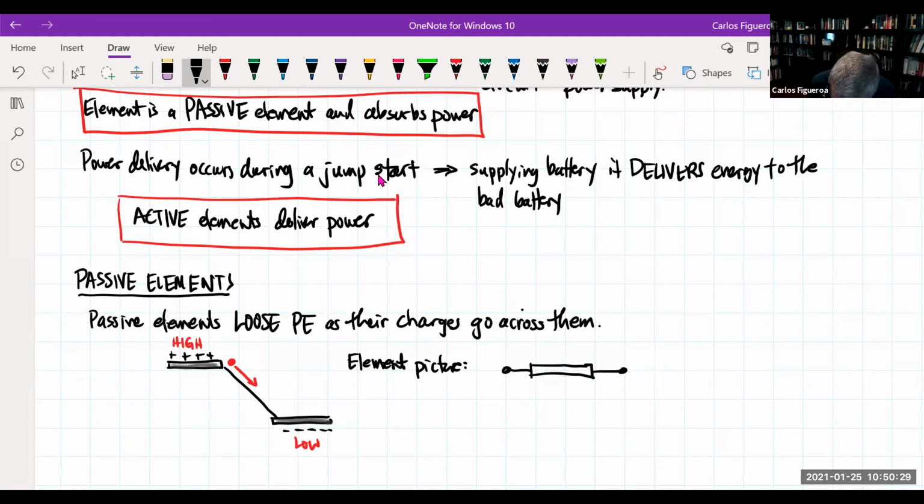If this is the positive terminal, and this is the negative terminal, which is the direction of the motion of the charge? It's going from the positive to the negative. So anytime charge goes from the positive terminal to the negative terminal, the element is passive.